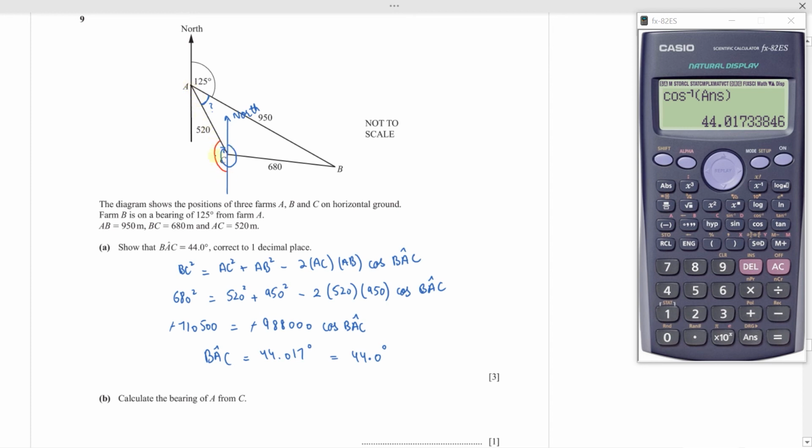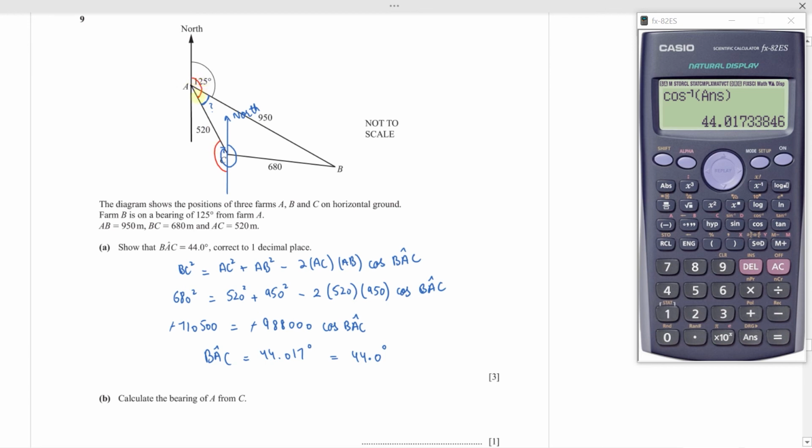So this red angle, and let me mark another red angle here as well. So this red angle and this red angle are equal, because these two red angles are alternate angles for these two parallel lines. So this angle here will be equal to this red angle here.